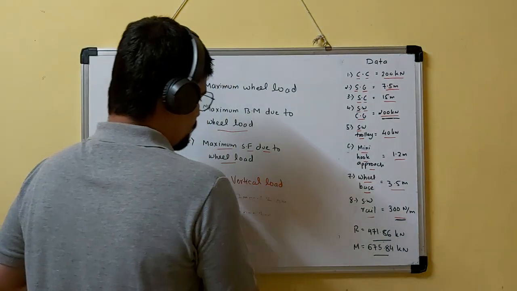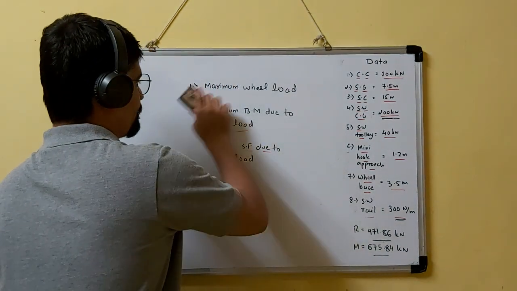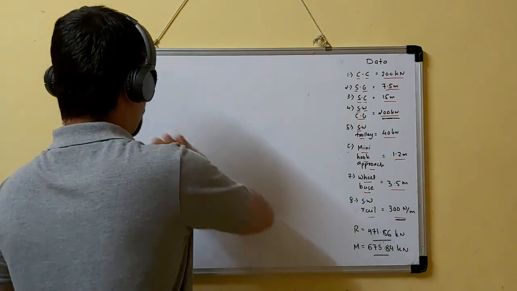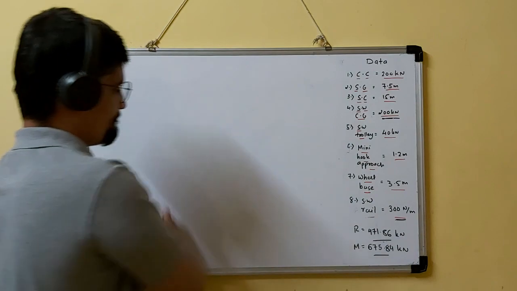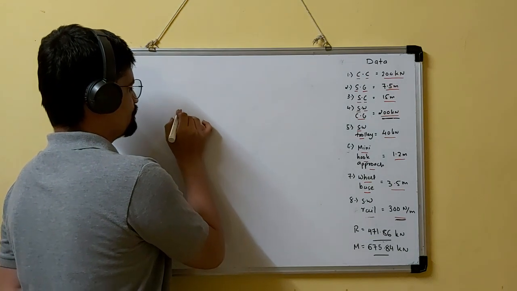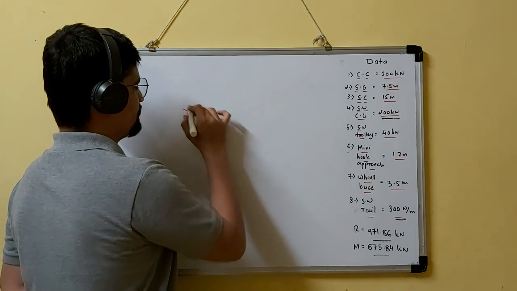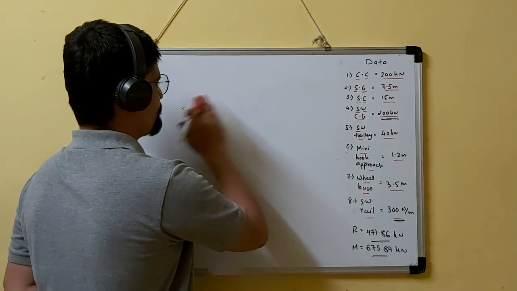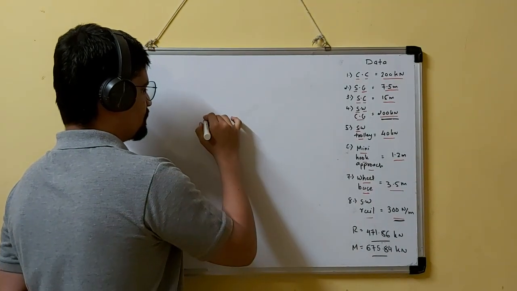Moving forward, see, this is the crane girder. These are the wheels of the trolley.